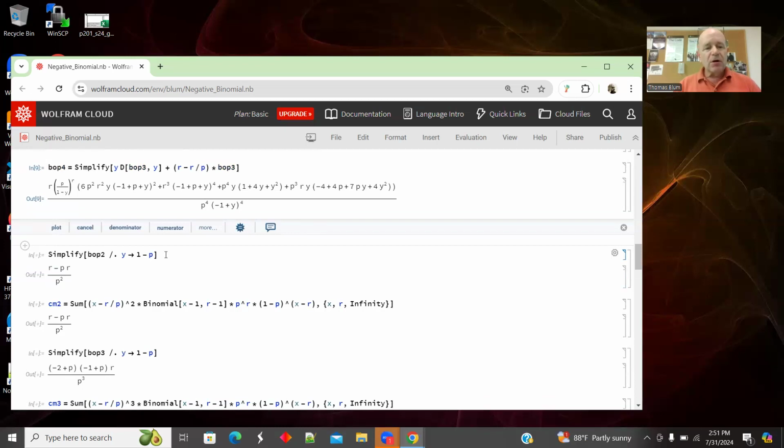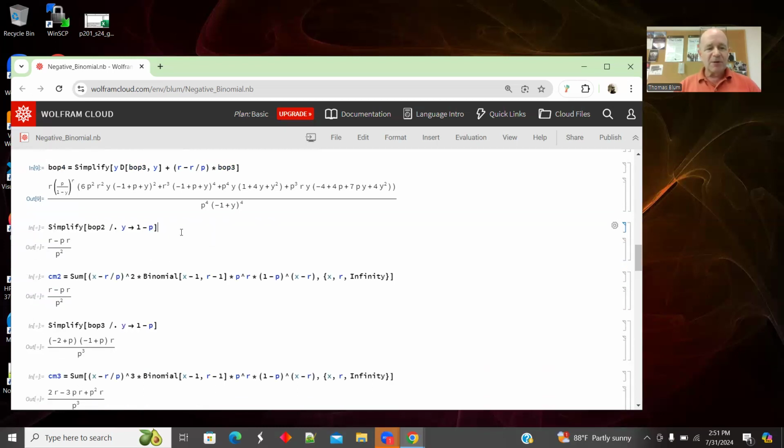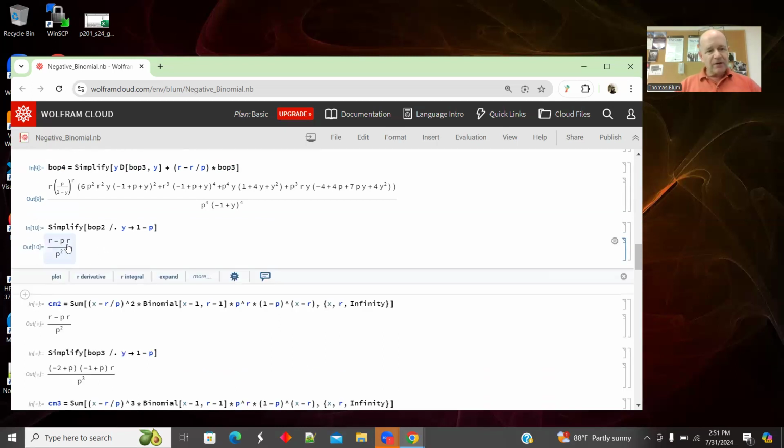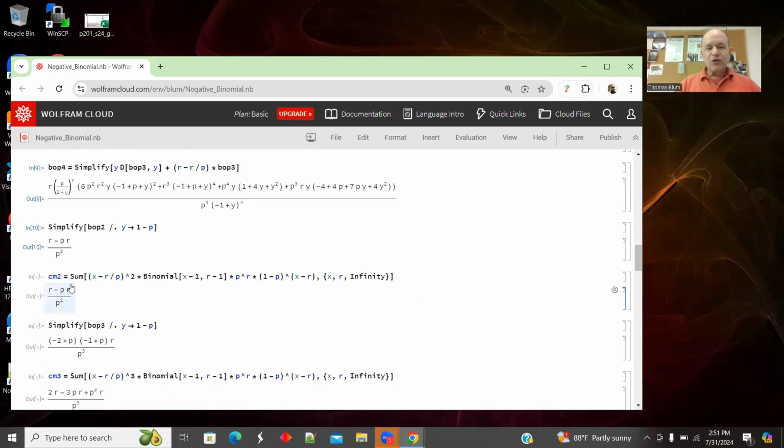So now I have left the replacement of y going back to its original 1 minus p. So I'm taking BOP2, the second moment, and I get a sort of known result. r times 1 minus p on p squared is the variance. And now I'm going back to the original sum, x minus r over p squared, the binomial.